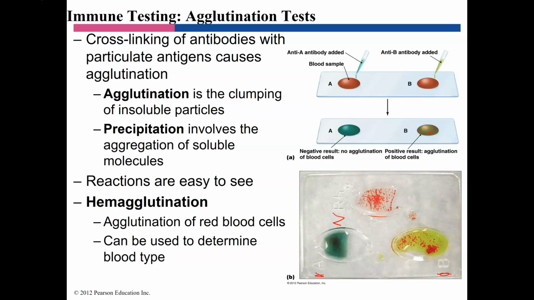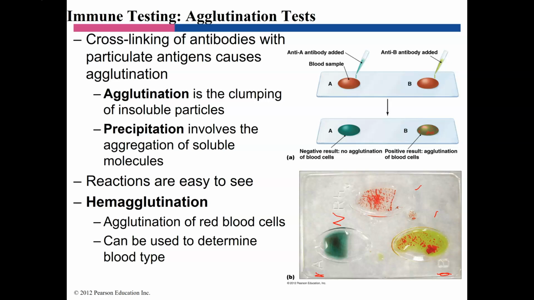You mix the person's blood, and you can see that you have agglutination or clumping that has occurred with the Rh factor and with the B antigen, but not with A. So this individual would be B positive blood type. The Rh is positive or negative, and then of course we have the B as the antigen.